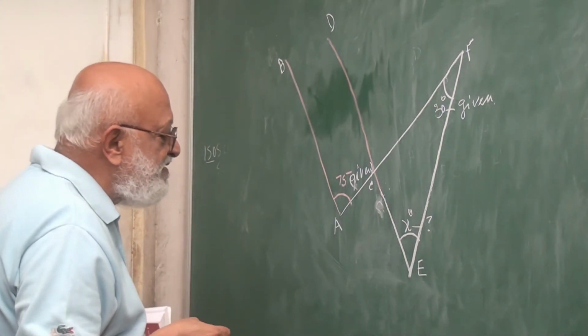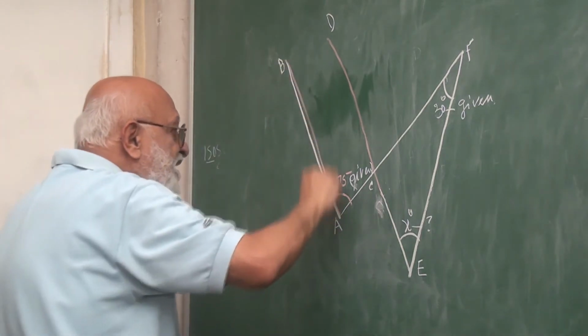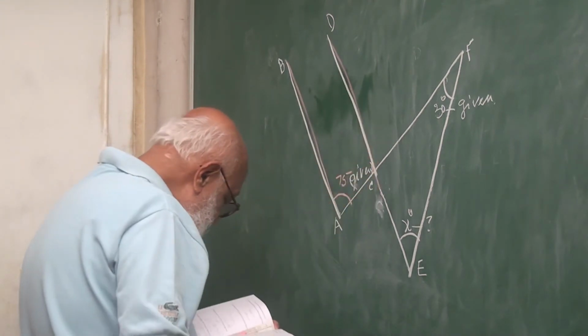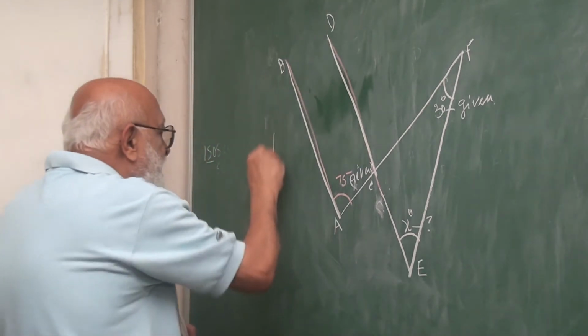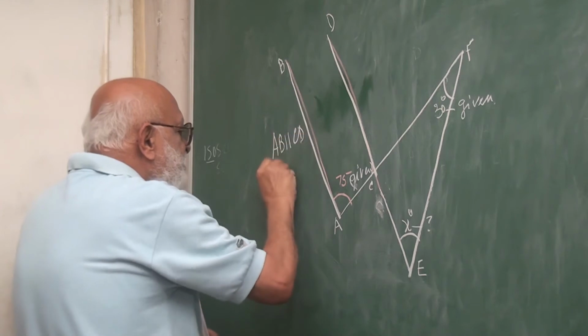Seems very easy. Why? Because this line and this line are parallel. Let's see if it's given or not. Yeah, AB and CD are parallel. AB is parallel to CD. It's given.